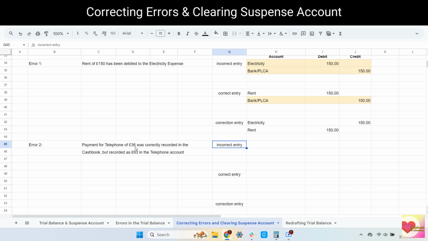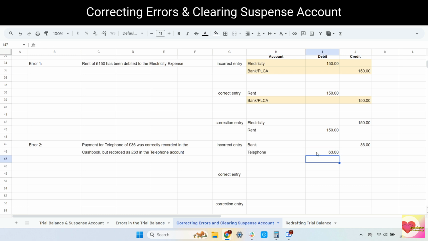It says 36 was correctly recorded in the cash book, so let's enter bank and credit 36. It means we already paid the telephone expense, that's why it's recorded into our cash book, therefore credit in our bank. And then in the telephone expense account, we recorded it as 63.